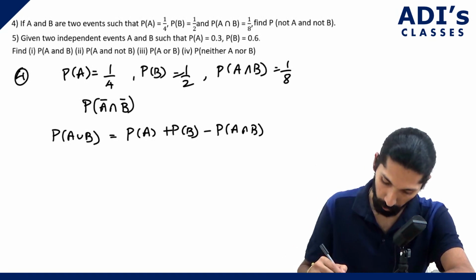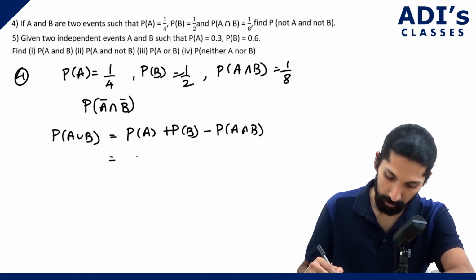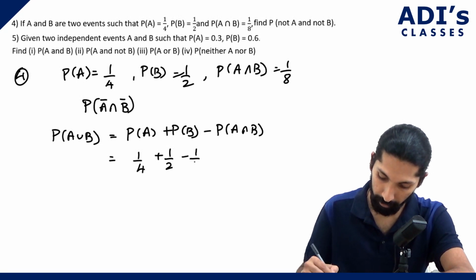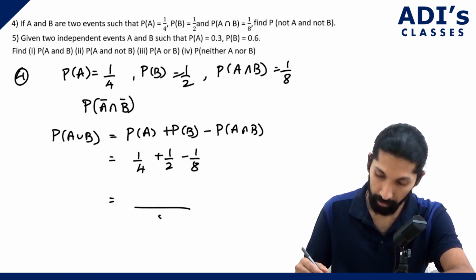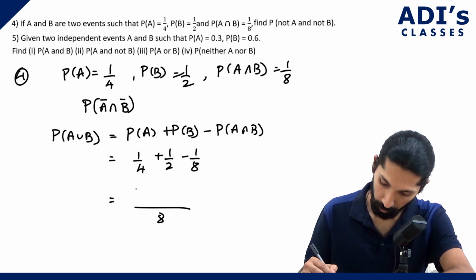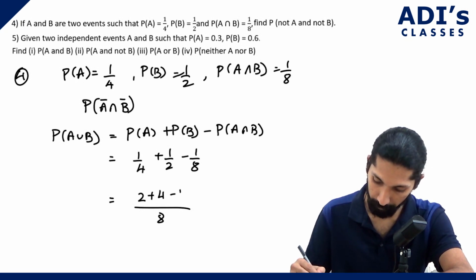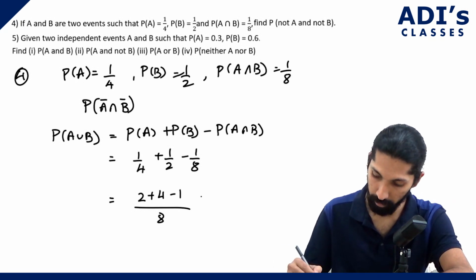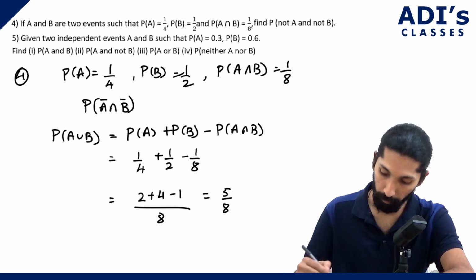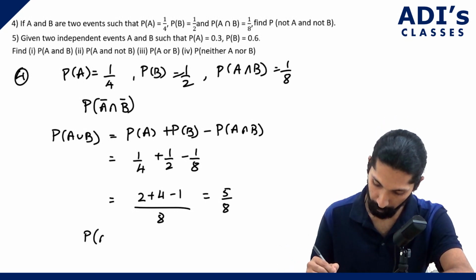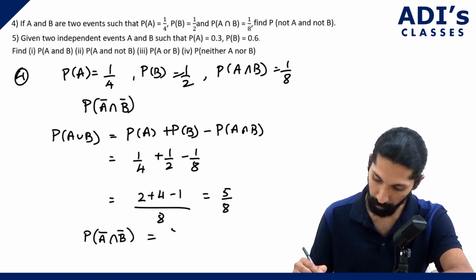So this is going to be P of A is 1 by 4 plus 1 by 2 minus 1 by 8. 8 is the LCM. So you are going to have 2 plus 4 minus 1. 6 minus 1 is 5. 5 by 8. So P of A union B is this. That is the same as P of A complement intersection B complement, which is 5 by 8.